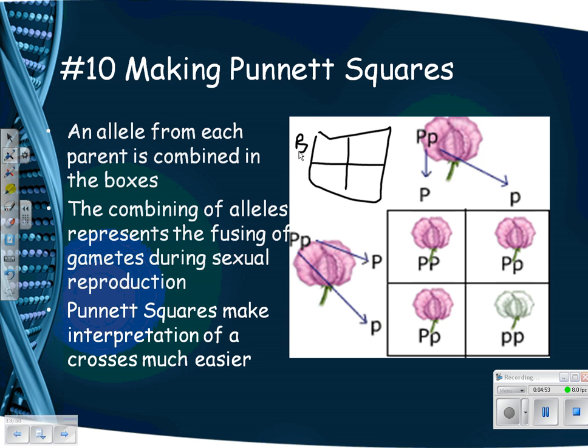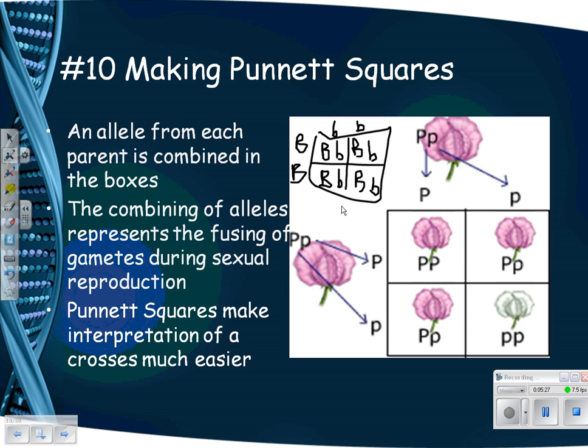I'm going to put the big B's on the side because I always put the first ones on the right side, and then on the top I'm going to put the little b's. Then that is the segregation. Now we're going to put them together: big B, little b. This little b is here, this little b is here, these big B's are here. That's kind of the way it works.